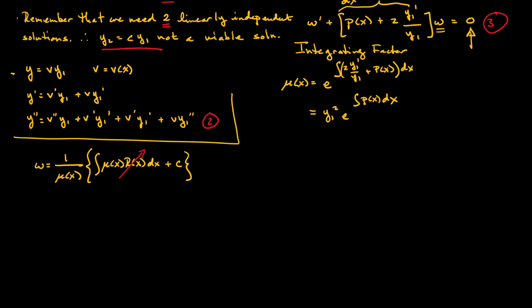Therefore, this entire term here goes to 0. So what we are left with is just c over mu of x. Now we can drop the c and just let it equal 1, and we can deal with these constants later on in our general solution to the second order ODE.